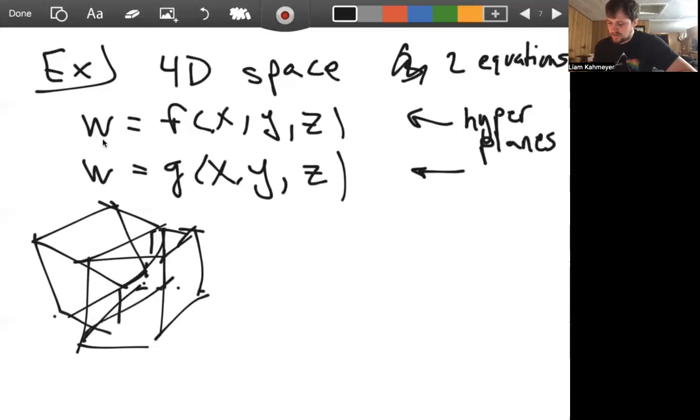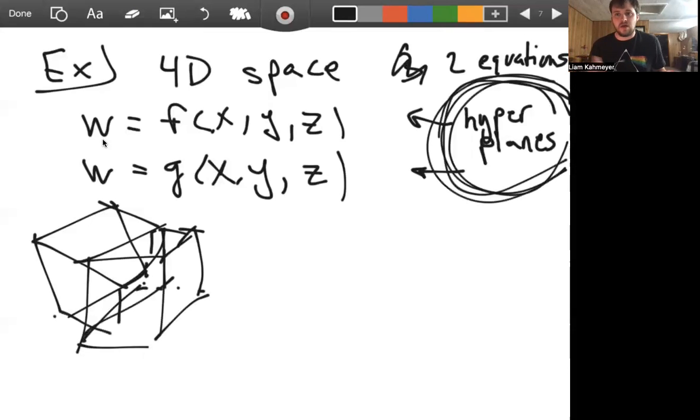But the point I'm trying to make is the intersection would be a plane. So then you would have a solution set that's 2-dimensional. But what I wanted to do here is mention that we can study higher dimensional spaces, even though we can't really picture what's going on.